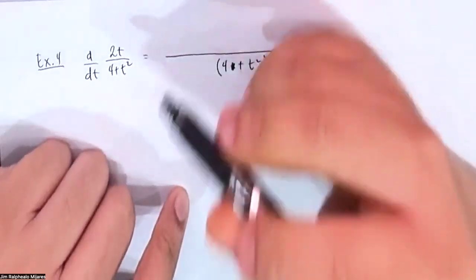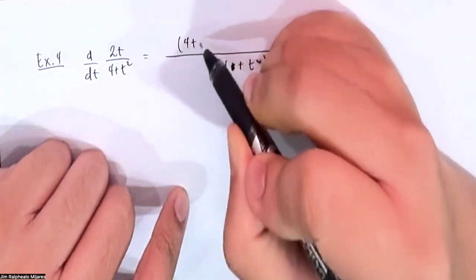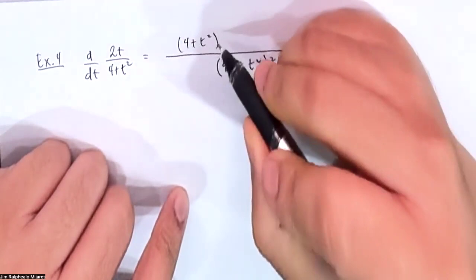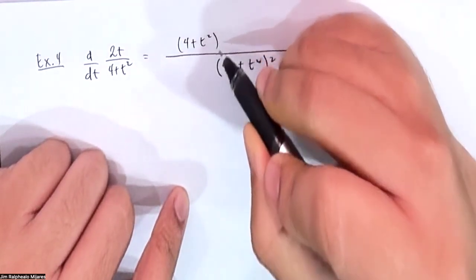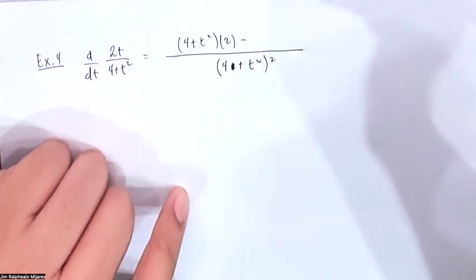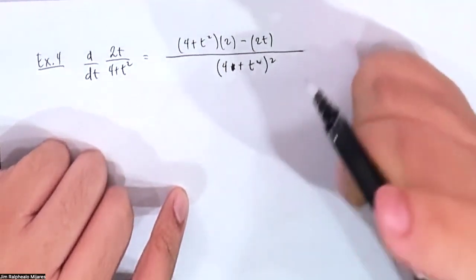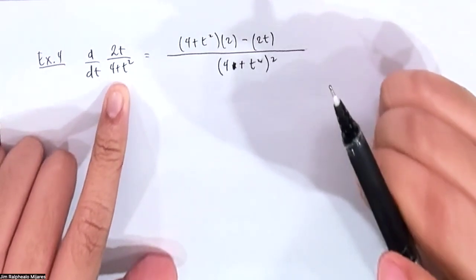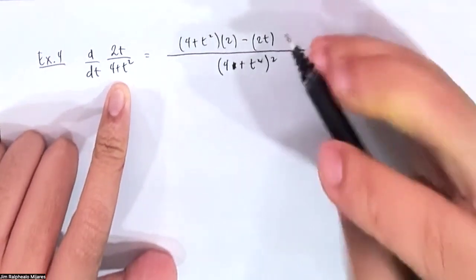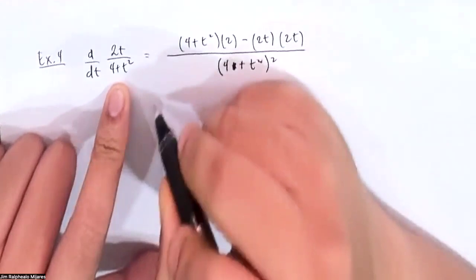Okay. Then it's low d high, 4 plus t squared times d high, which is the derivative of 2t, which is 2, minus high, 2t, times the derivative of low, which is the derivative of 4 plus t squared, which is just 2t.